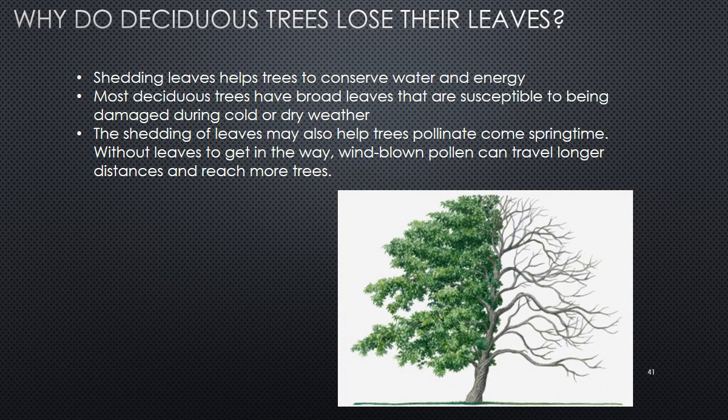So if they shed their leaves, then that allows the tree to conserve that water and energy. An additional benefit is that in the spring, most deciduous trees will flower before they leaf out, and so those leaves aren't hindering the pollinators from getting to the different flowers.